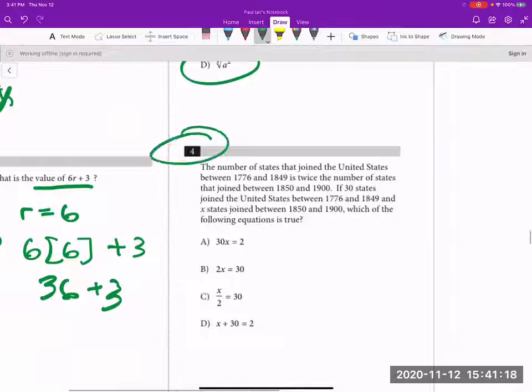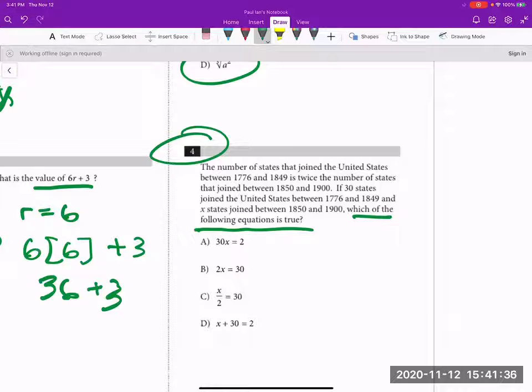All right, 4. So something like this is another one of those things where you have to interpret, not really solve a math problem, but interpret what it's asking. It's saying here, which of the following equations is true, given a bunch of these statements.